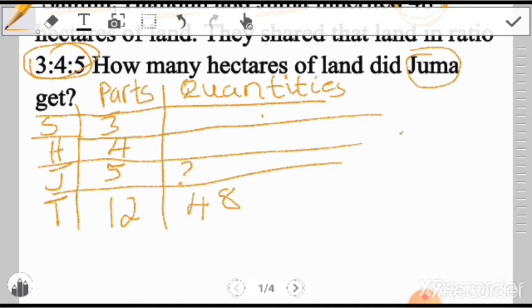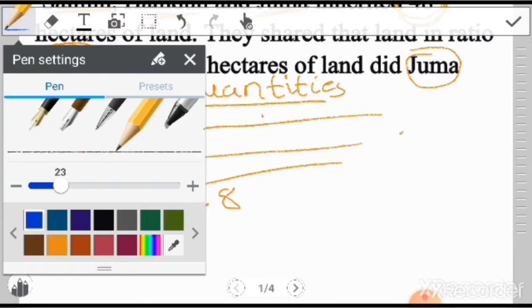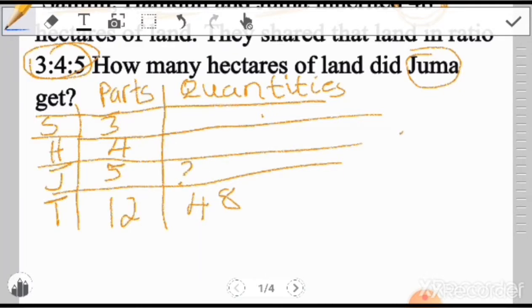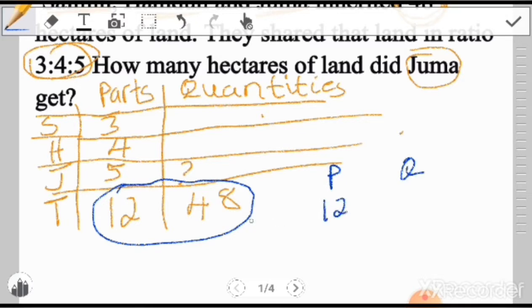Now we simply use cross multiplication to solve this problem. Here is our starting point. We have parts, we have quantities. So 12 parts correspond to 48 quantities. The question asked, how many hectares of land did Juma get? Juma is represented by 5 parts. We are finding the corresponding quantity.